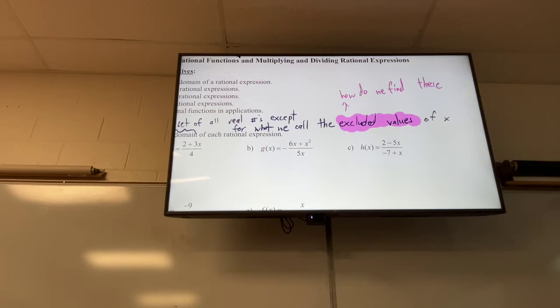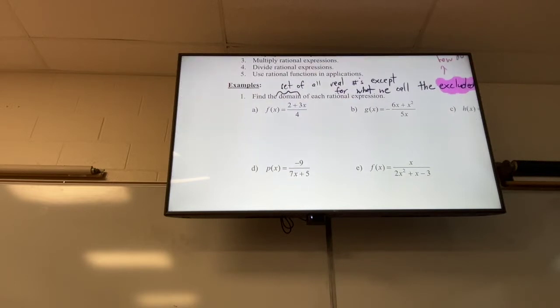To find our excluded values, you set the denominator equal to 0 and solve for x.